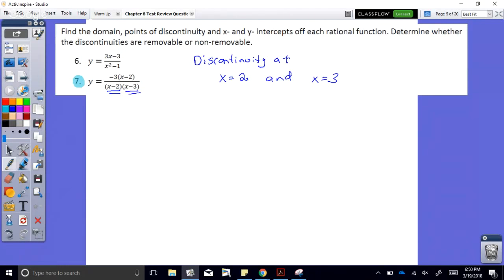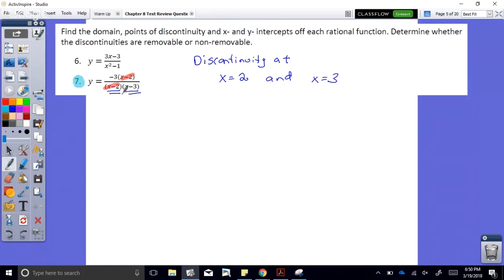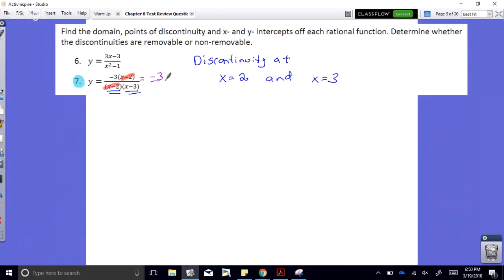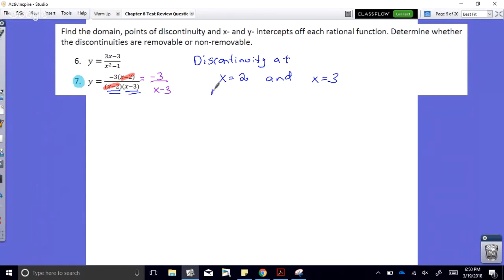We're then going to see if anything cancels. So if we look at this, again, we have an x minus 2 in top and bottom. So I can rewrite this as -3 over x minus 3. And the discontinuity that cancels, or the 2, is called removable.